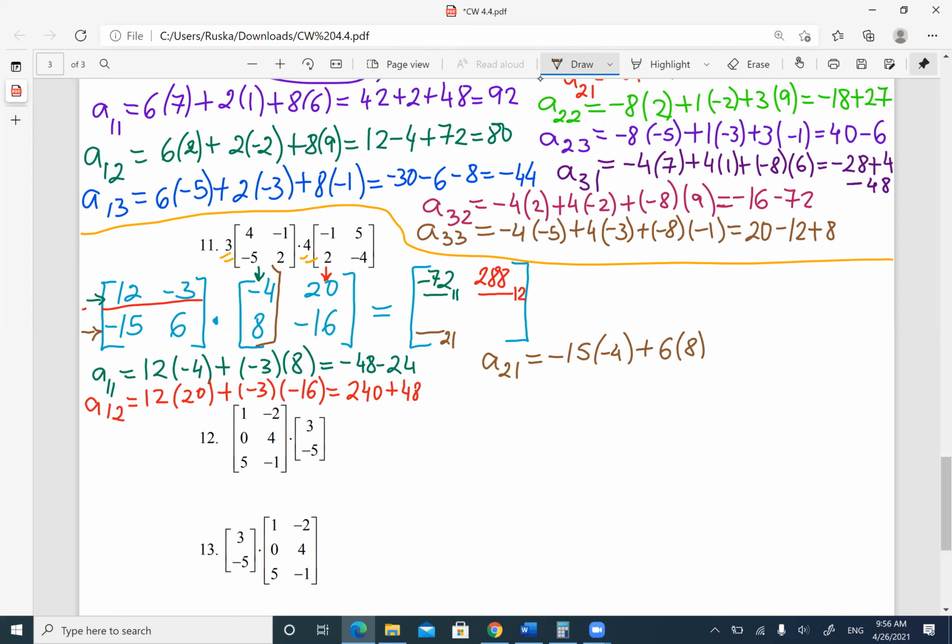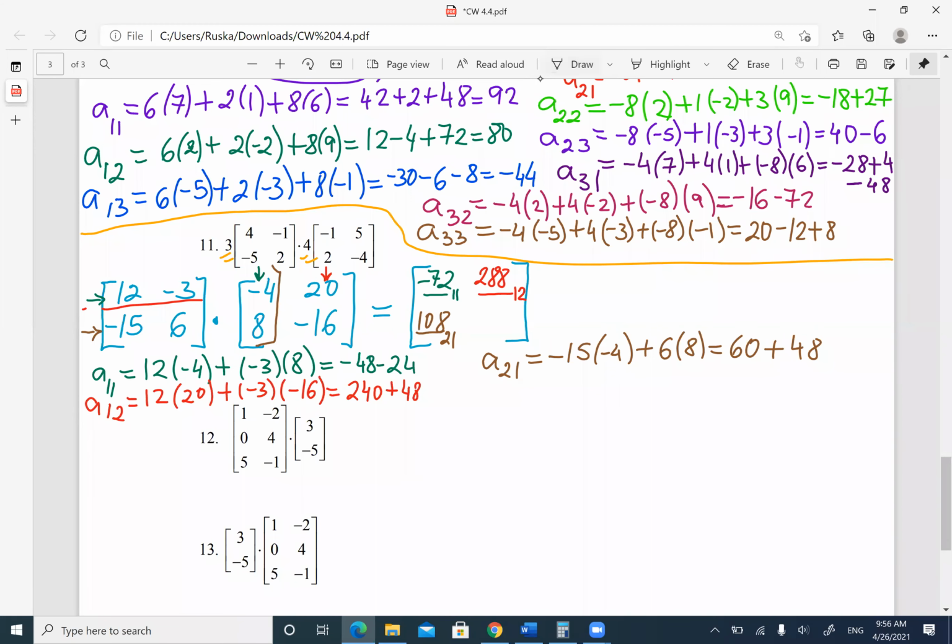So don't rush, go element by element, right? And then negative, negative is going to be positive. 15 times 4 is 60 plus 48. That's going to be 108.